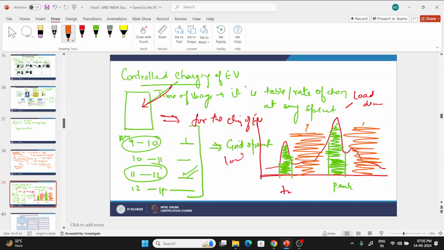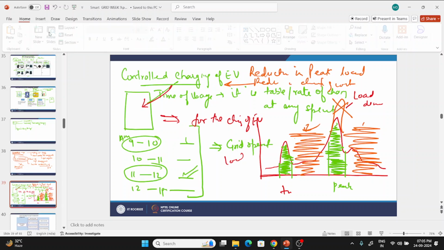By charging in these regions, it will help in the reduction of peak load, because if they charged here the peak load would increase. The charging cost will also be reduced, so owning an EV will be beneficial for the EV user.